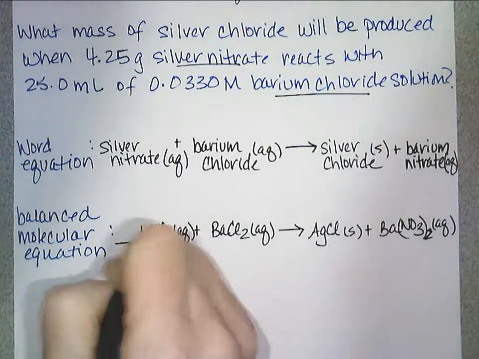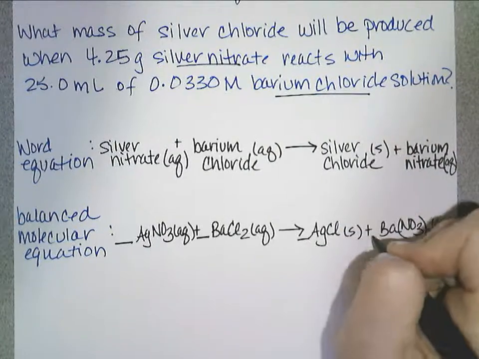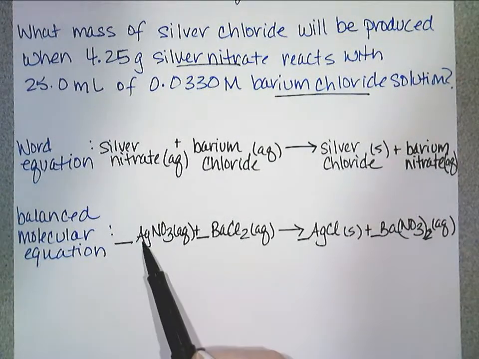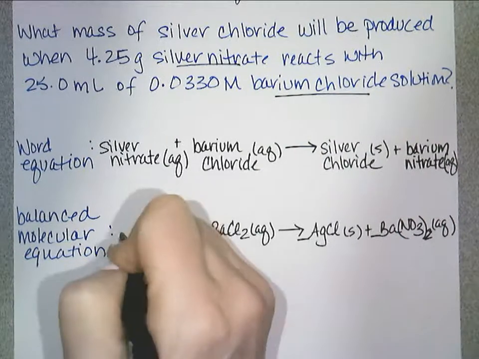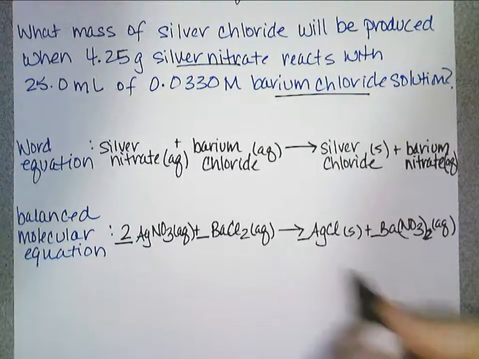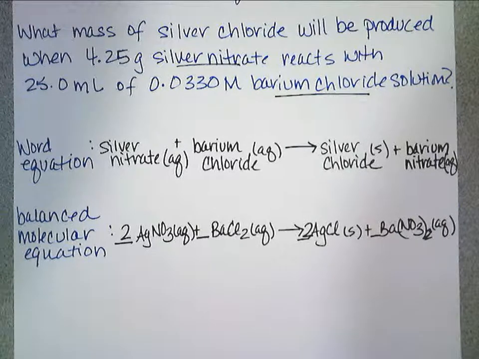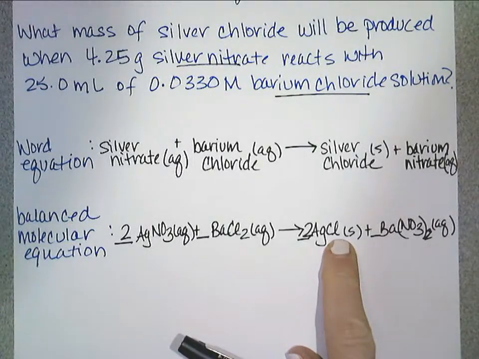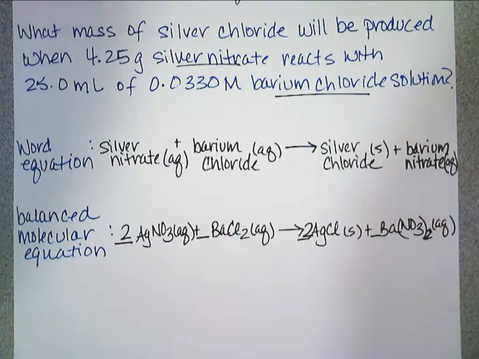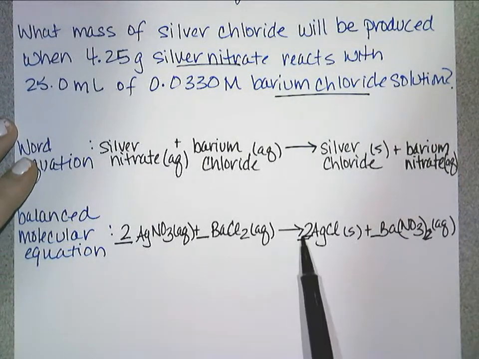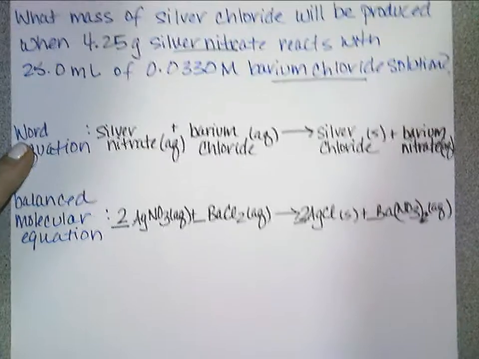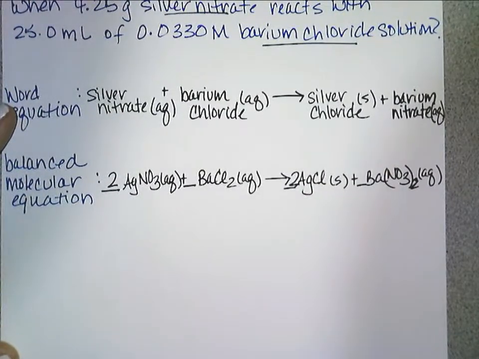Okay, now we can go ahead and balance the molecular equation using our coefficients. 1 Ag, 1 Ag, 1 NO3, 2 NO3, so we'll put a 2 there. Changing that to 2 Ags, and changing the Cl's to 2, and therefore we are balanced. So our coefficients are 2 to 1 to 2 to 1.